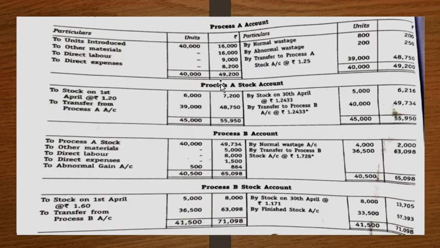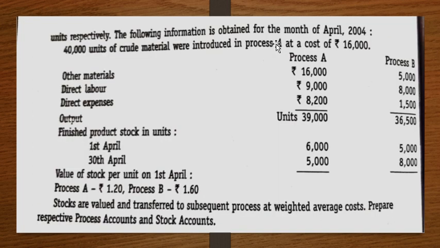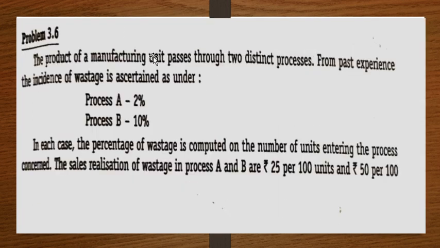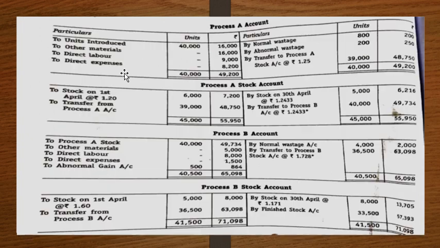Your normal loss will be based on the number of units introduced. How many units were introduced? 40,000. The normal loss percentage is 2% as per the question. So 2% of 40,000 will give you 800.